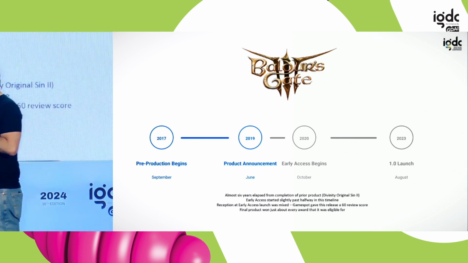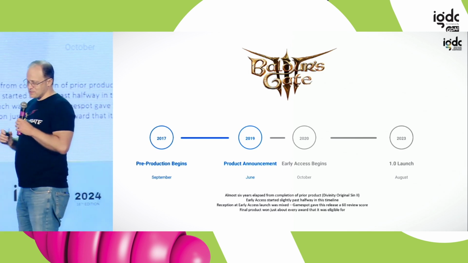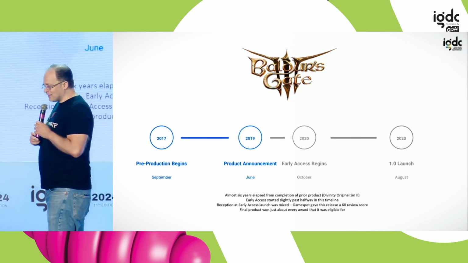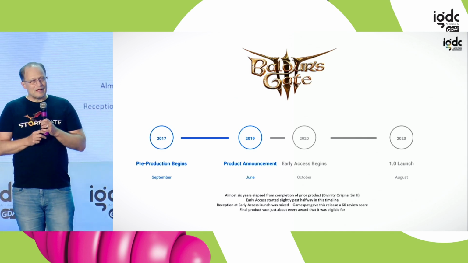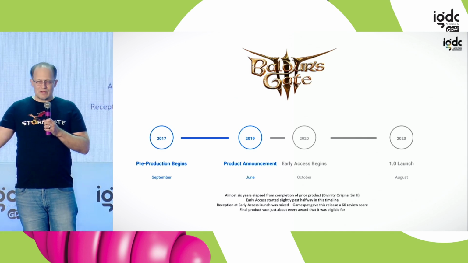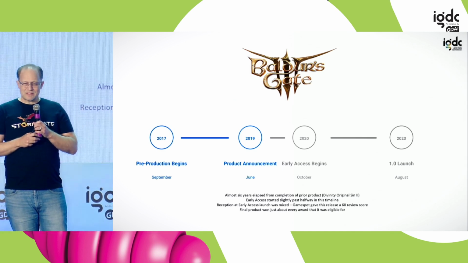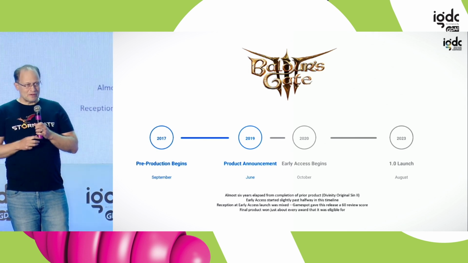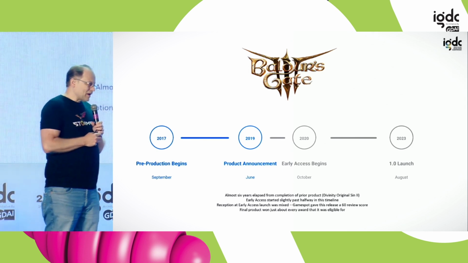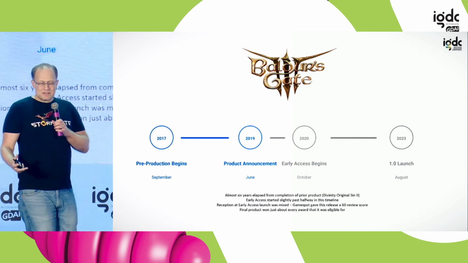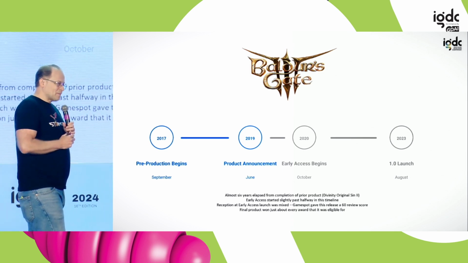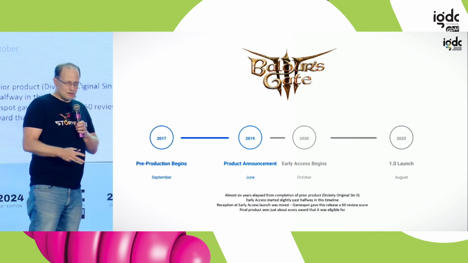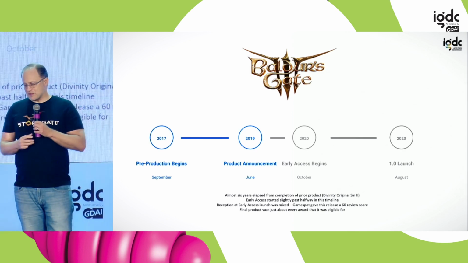But the truth is, when their early access started in 2020, it was a very different game. GameSpot, one of the online media sites, gave it a 60 as their review when it came out in early access. I think it showed promise, definitely, at that point in time, but it was by no means a Game of the Year award winner when it launched in 2020.